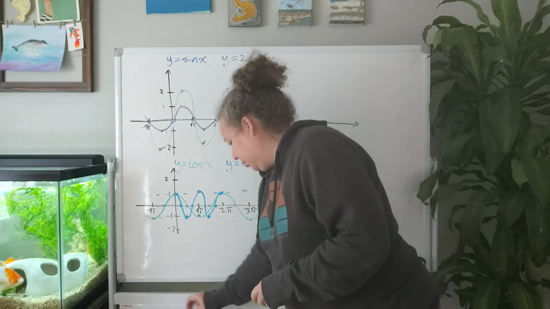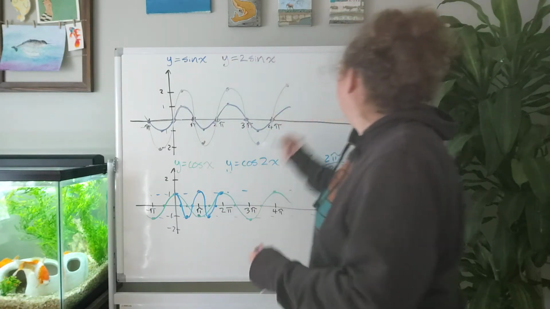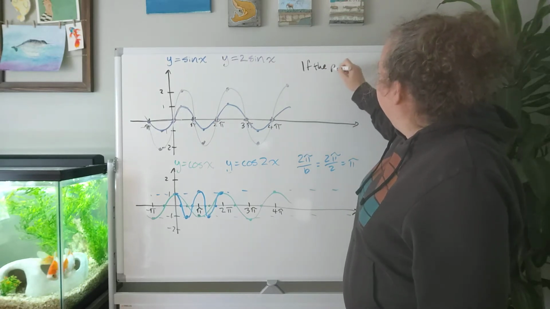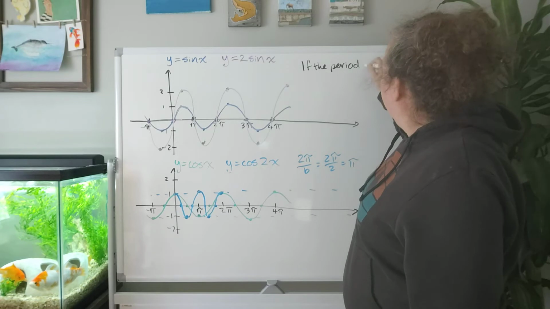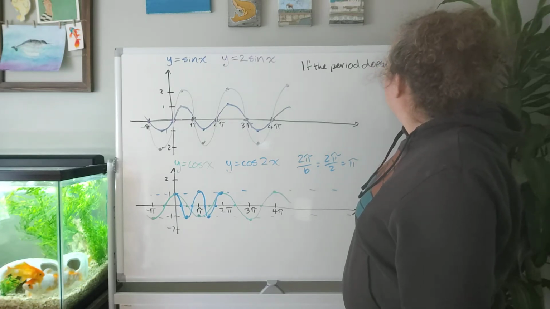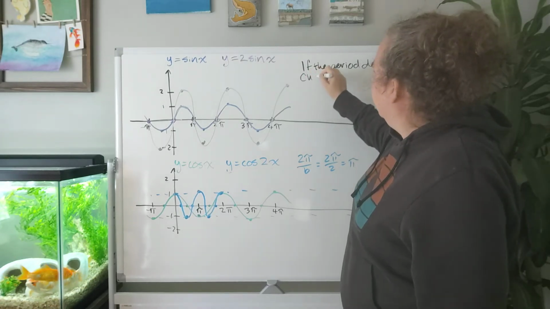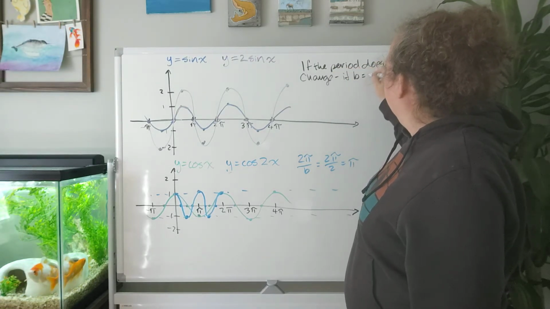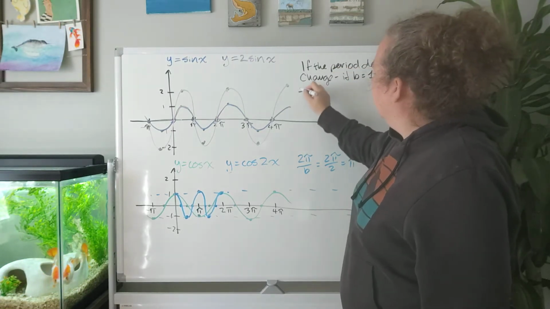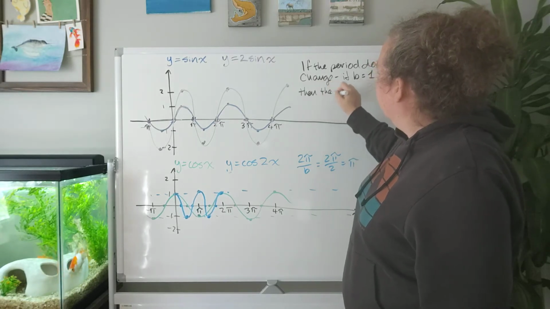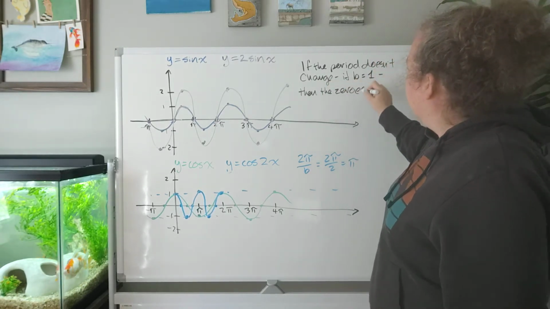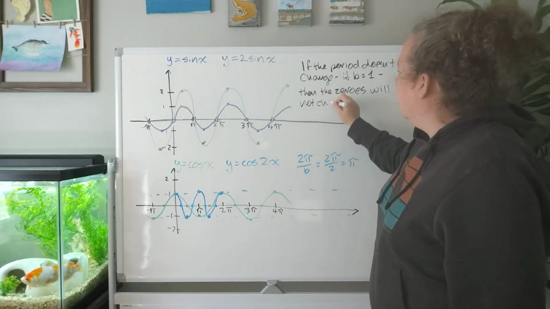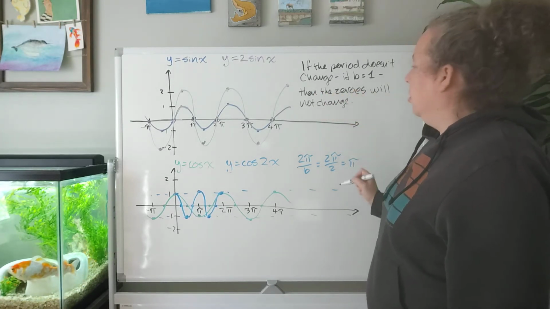So, to summarize, if the period doesn't change, if b equals 1, then the zeros will not change.